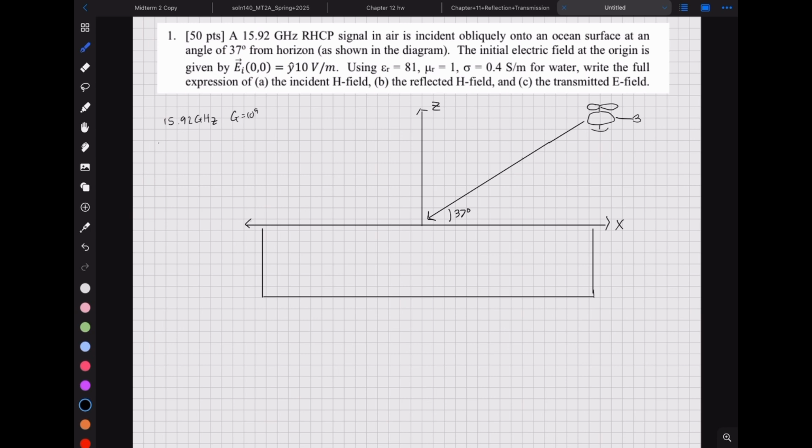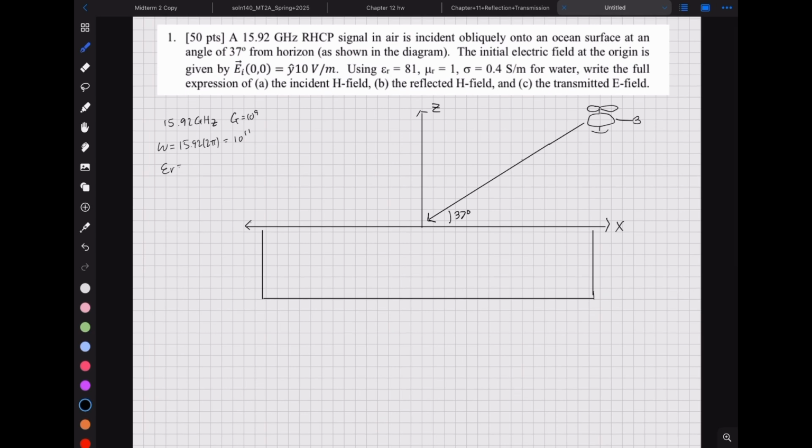And then with that, we can find omega, and that's going to get us to 10 to the power of 11. Other givens are epsilon r equals 81, mu r equals 1, and sigma is 0.4.